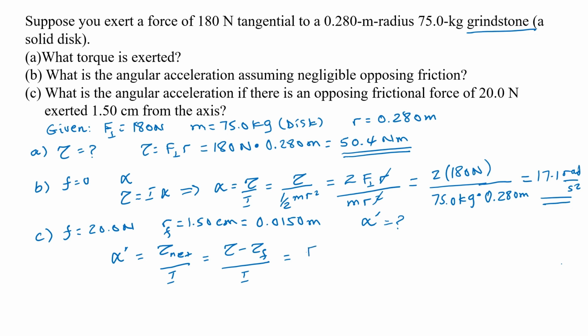This is equal to perpendicular force times R minus the friction force multiplied by the lever arm of friction, divided by half mr squared. This is equal to 2 into the perpendicular force times R minus F times RF, divided by mr squared.